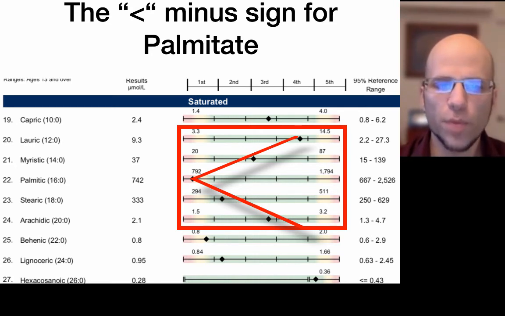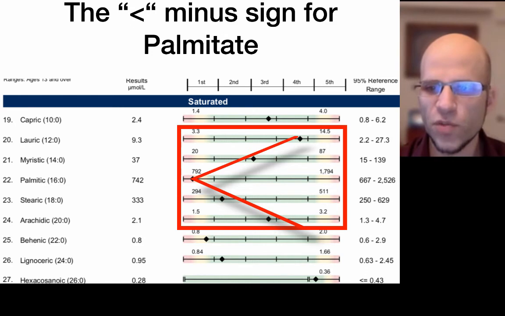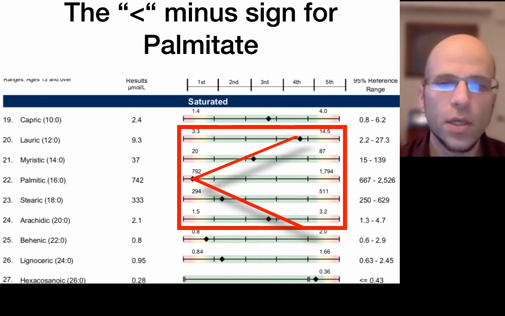And this is really important because palmitic acid is the most abundant fatty acid in the entire report. It ranges from the 600s to the 2500s. The closest thing that comes to it is LA, which comes up to the 2000s.